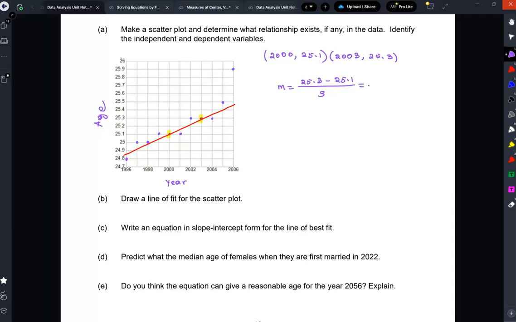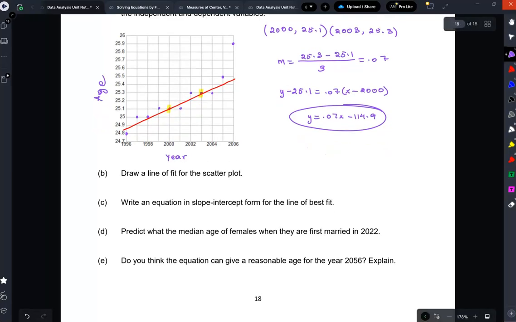That's 0.07. And then y minus 25.1 is equal to 0.07. Let's just go ahead and use the whole point. When you solve this, you get y equals 0.07x minus 114.9. So that's part C.